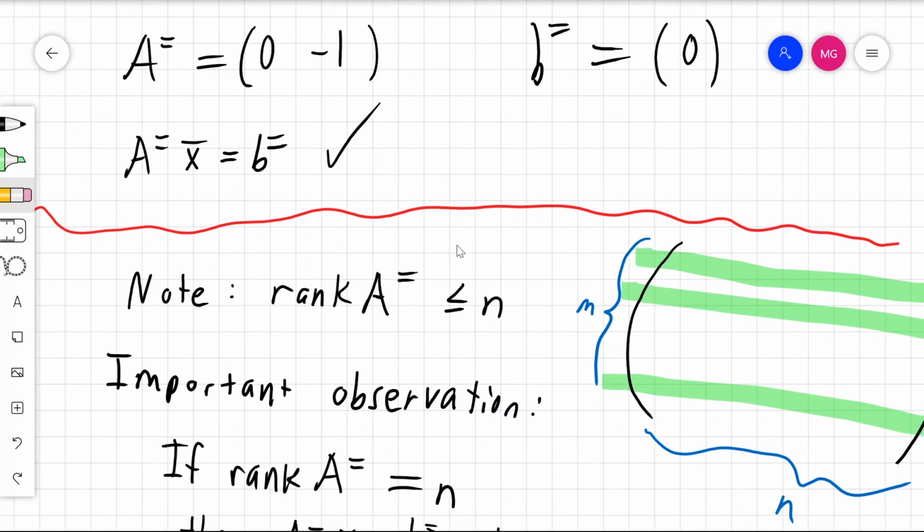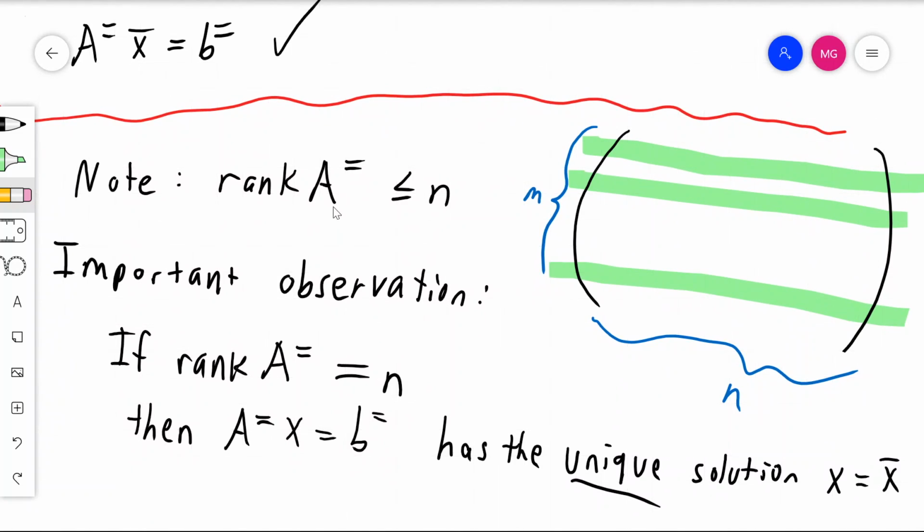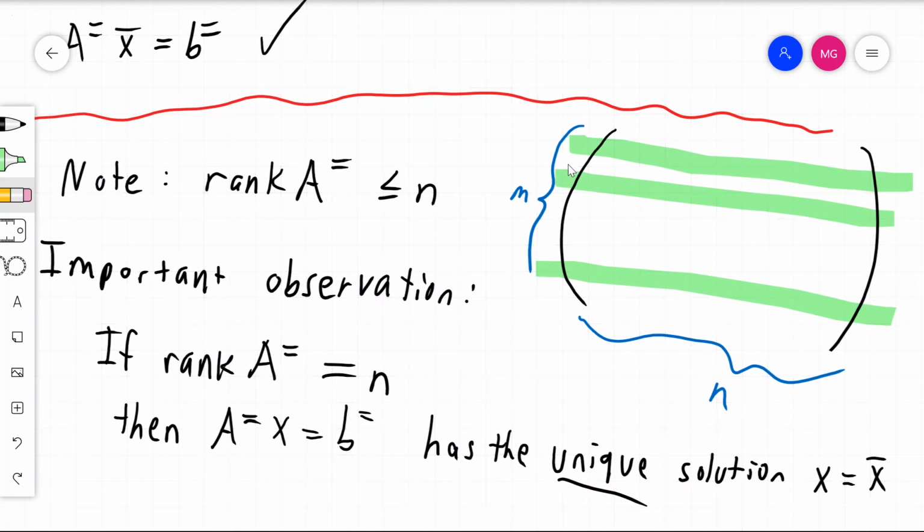So here's an important thing to point out. Note that the rank of that submatrix A equality, the submatrix of tight constraints, has to be less than or equal to n, where, as usual, the whole matrix is A, with m rows and n columns. That's just the notation for rows and columns.